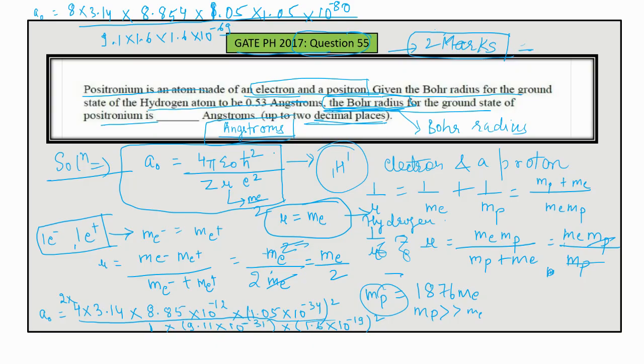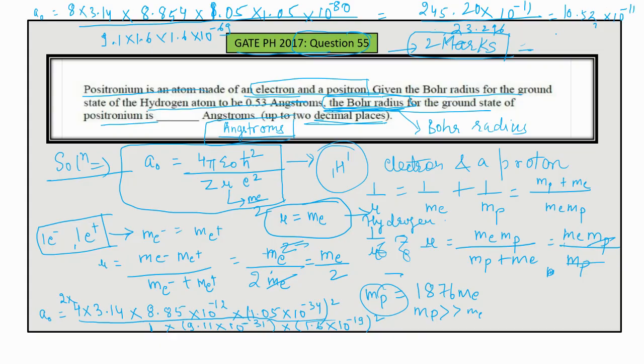So we have 245.2 into 10 raised to the power minus 11, because 69 will go above, so it will be minus 11, divided by 23.296. So it will give me 10.52 into 10 raised to the power minus 11.